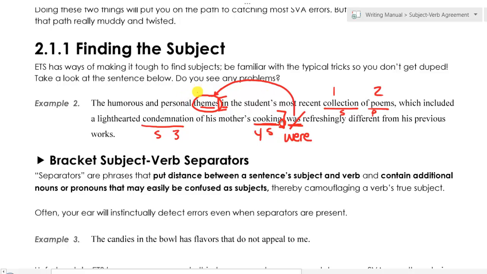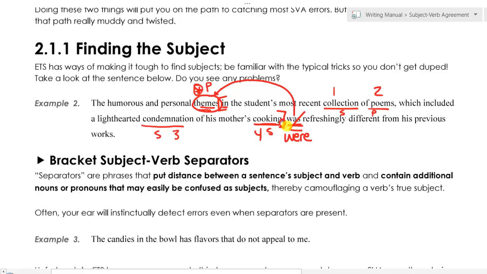And then we have our main noun, our most important noun in terms of determining what the verb should be: themes. That guy is plural. So all told, we have 5 nouns before the verb. We have 2 that are plural, 3 that are singular, so that by the time we get to this verb, we have a difficult time remembering or knowing for sure what noun was supposed to govern that verb.